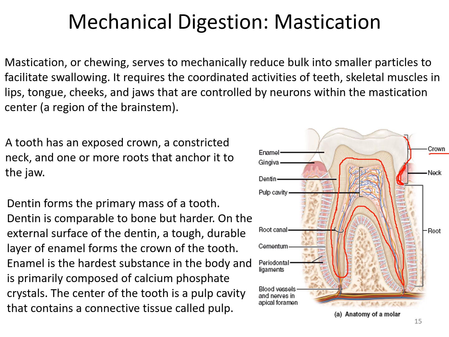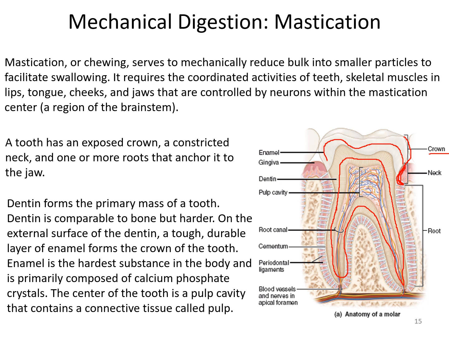Dentin is very similar to bone, but it's actually a little bit harder. And then the external surface of dentin is a durable layer of enamel that forms the crown of the tooth. Enamel is the hardest substance in the body. It's mostly calcium phosphate crystals, so again, similar to bone, but it's actually harder.